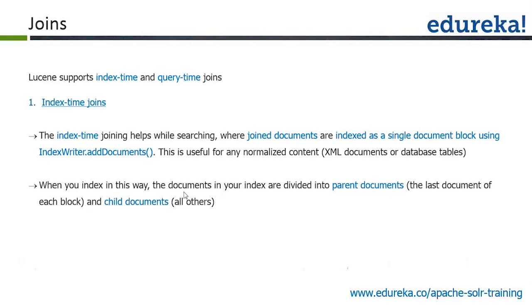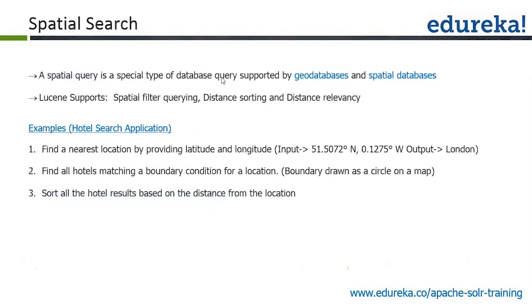At query time joins, based on some conditions, you can club those documents and return them at one place. This is very important: the grouping and the joins, I would avoid using them most of the time because they are very expensive operations.